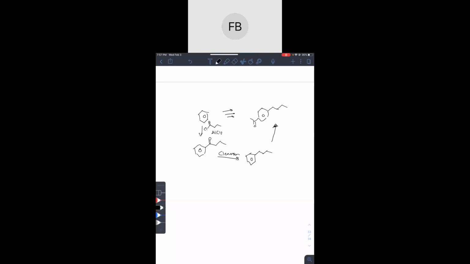Okay, any questions? I know this one seemed really tricky in the beginning, but it's actually not that bad, right? I have a question. It's kind of related to this one, but it's more like general notes. How do you know when to do Wolff-Kishner reduction or Clemmensen reduction? Do they kind of give the same product?